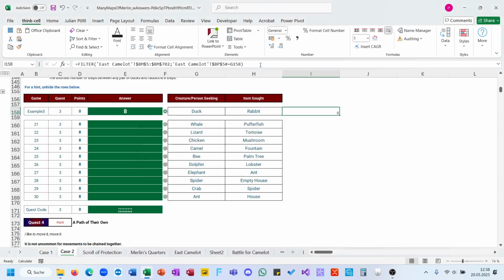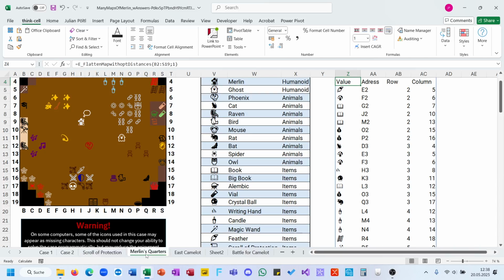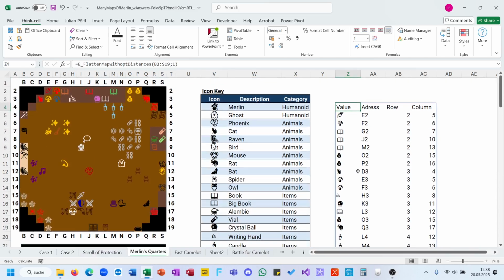Oh, I hate Excel for this. They still have not fixed this. Okay.